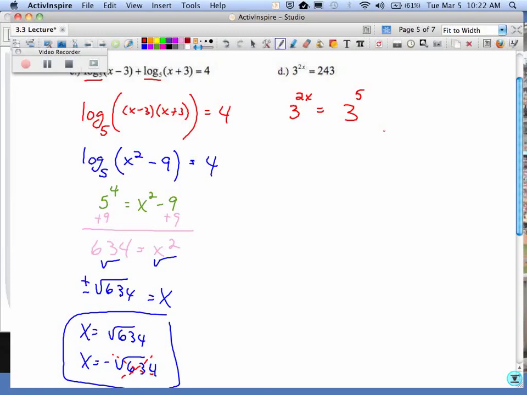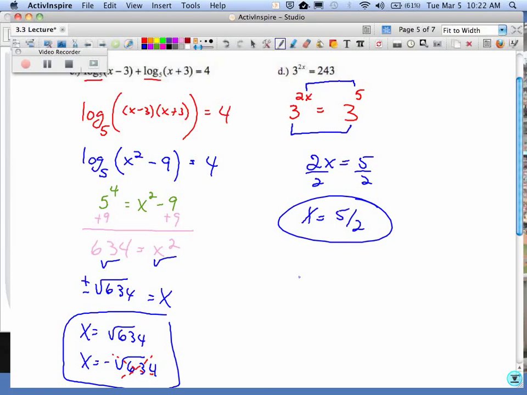Because if the bases are the same, what do you know about the exponents? They have to be the same. It's kind of the one-to-one property, right? There's an equal sign. Left is the same as the right. So all I have to do is take 2x is equal to 5, divide by 2, x is 5/2.